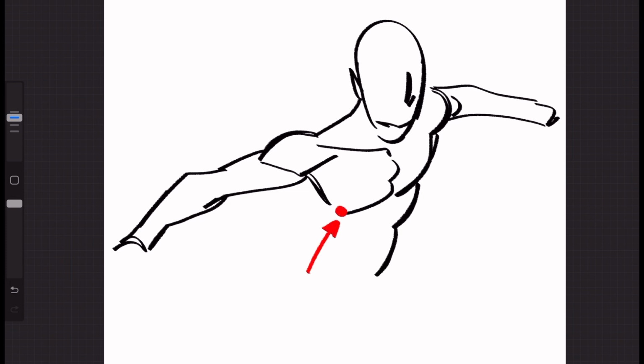So again, now with this example, I take this lower corner of the chest to this point near the hip and just connect the 2 points.